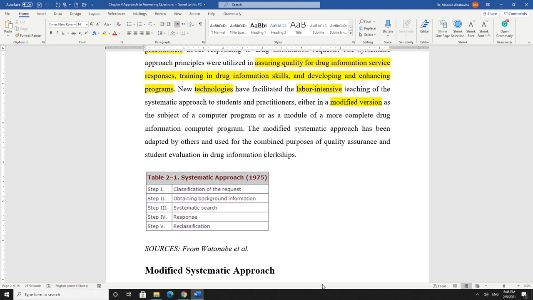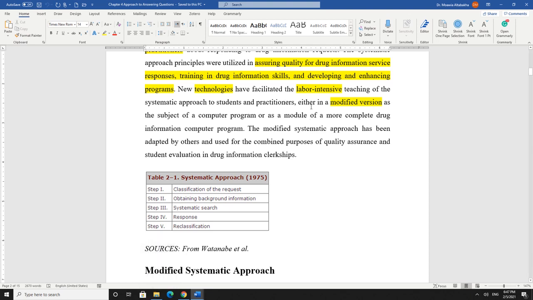Say whether this request is regarding pregnancy, lactation, therapy, pharmacokinetics, drug ID, drug price, drug availability, or general. They can classify what type of request this is.